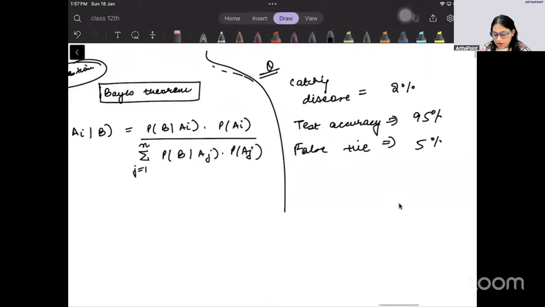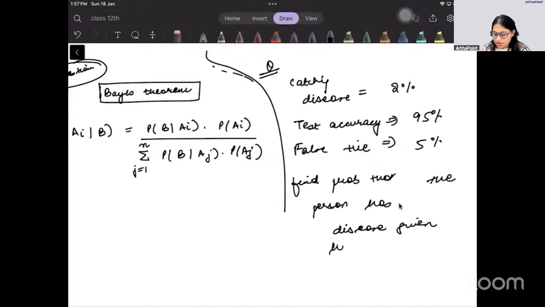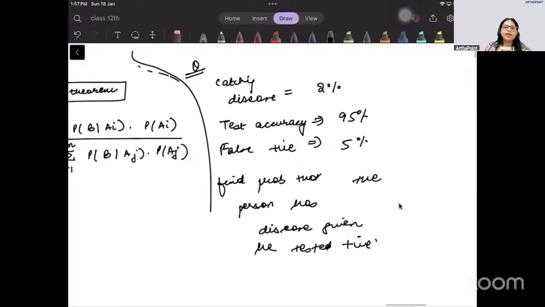Okay. Find the probability that the person has disease given he tested positive. Given he tested positive.